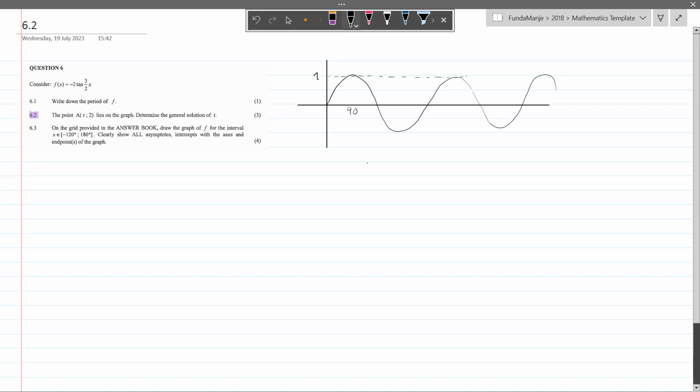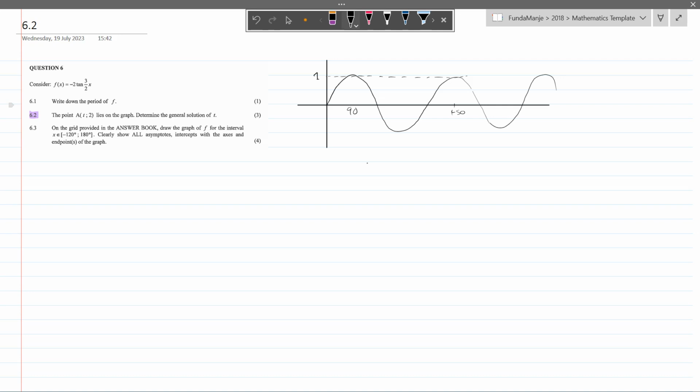So the next one will occur at 360 plus 90, which gives us 450. So this will be 450, and it just continues that way. And yeah, so that's a general solution.